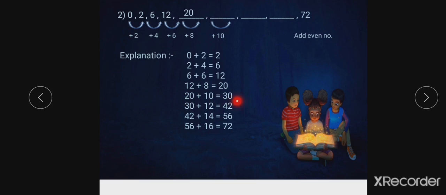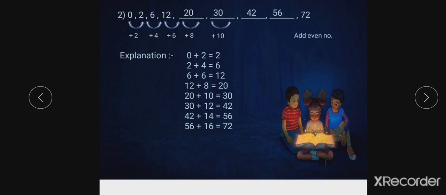So 20 plus 10, we get our next number 30. Then 30 plus 12, we get the next number 42. Then 42 plus 14, we get our next number 56. To 56, we add the next even number 16 to get the last number 72.